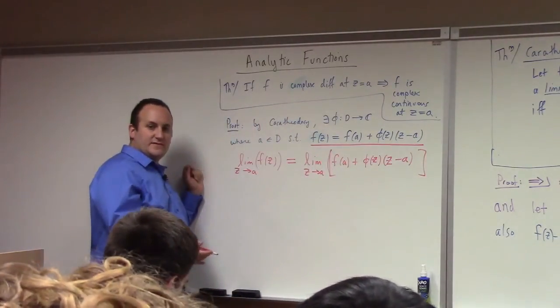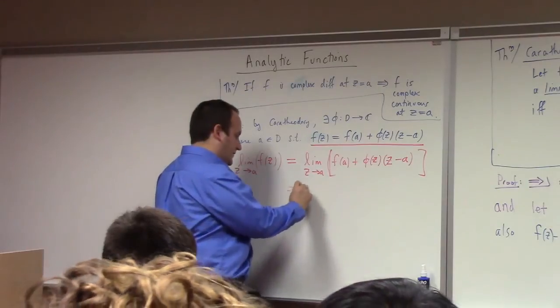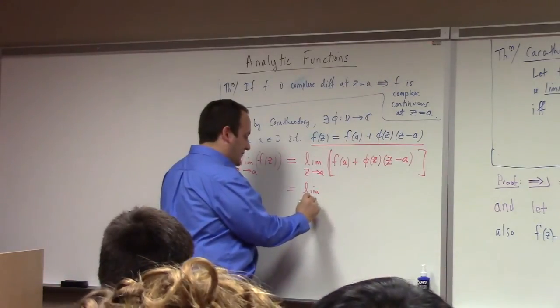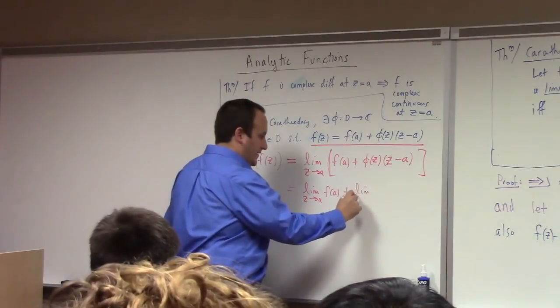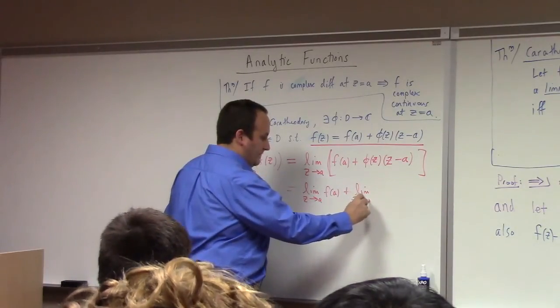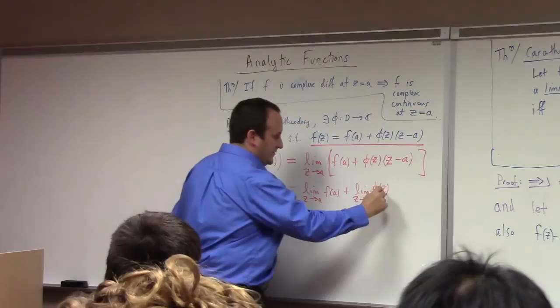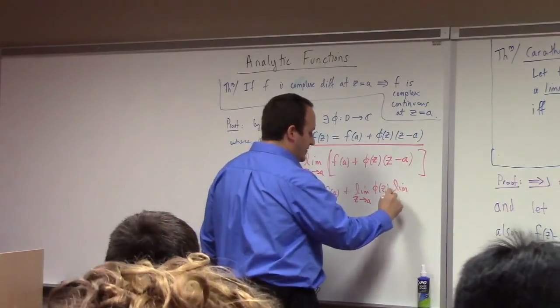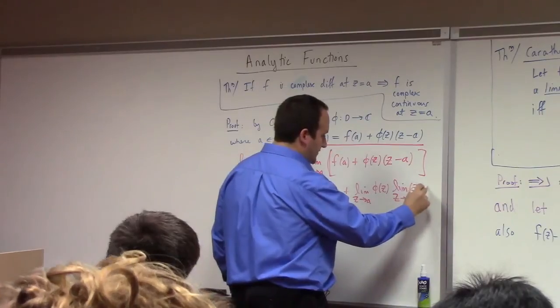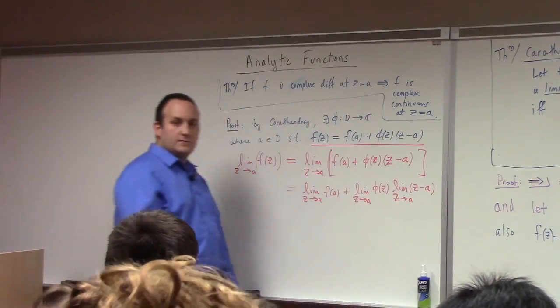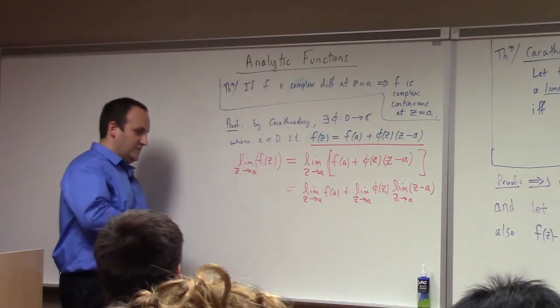But by the limit laws, this is the limit as z goes to a of f of a plus the limit. Now I'm taking out a logical loan right now. The logical loan I'm taking out is that the limits I'm writing are separately existing. If they don't, then I can't do this. But they do.